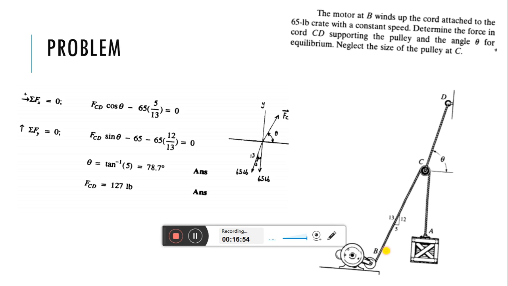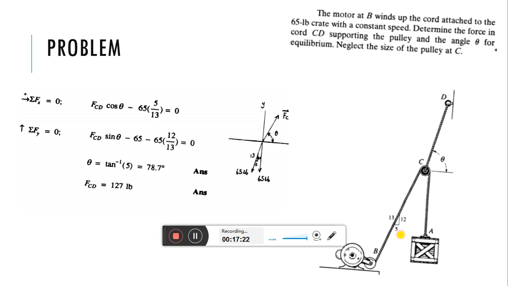How? Because this is a continuous string. Within a string, two different values of tension cannot exist. If tension is 65 pound right here, then it will be the same here also.